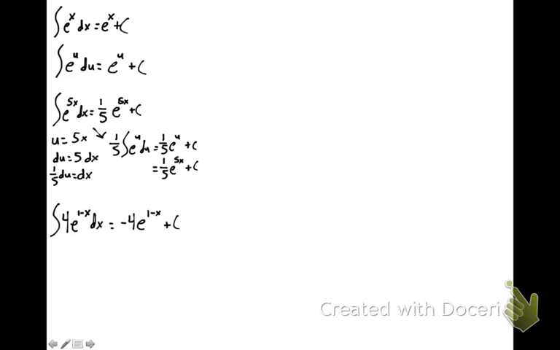Let's consider a different problem. Perhaps the integral of 2x e to the x squared dx. Now I can already see how the chain rule is going to be involved with this, and can recognize this is going to have to be e to the x squared plus c. If you can't see that, if we use u substitution, u equals x squared.